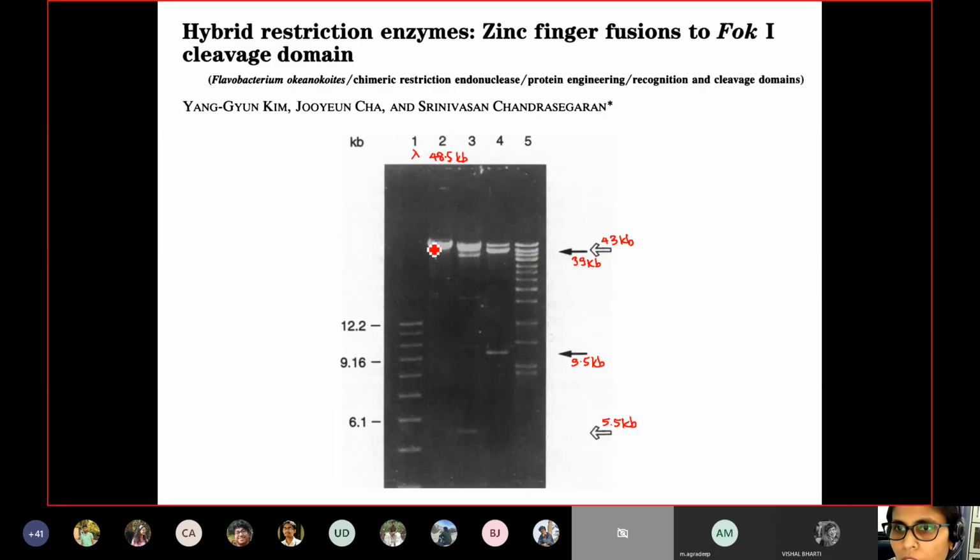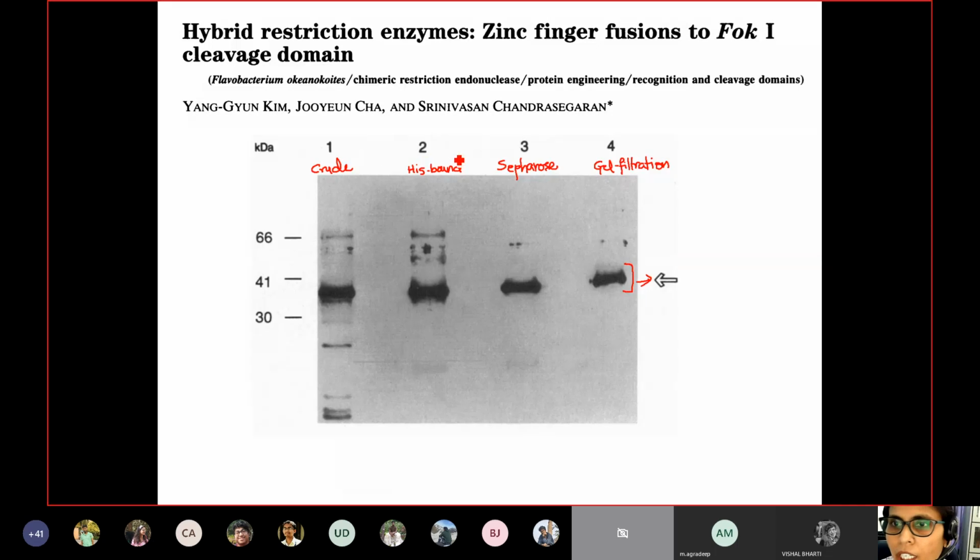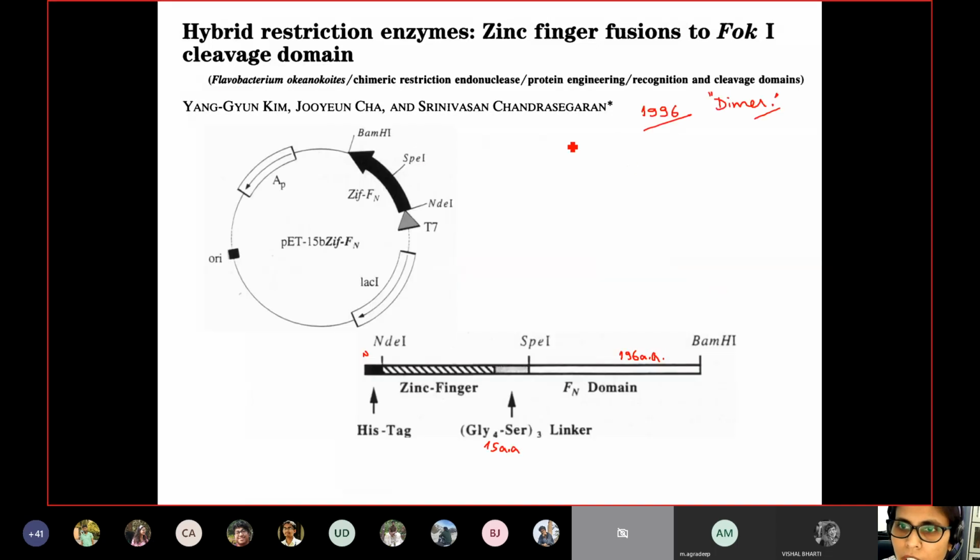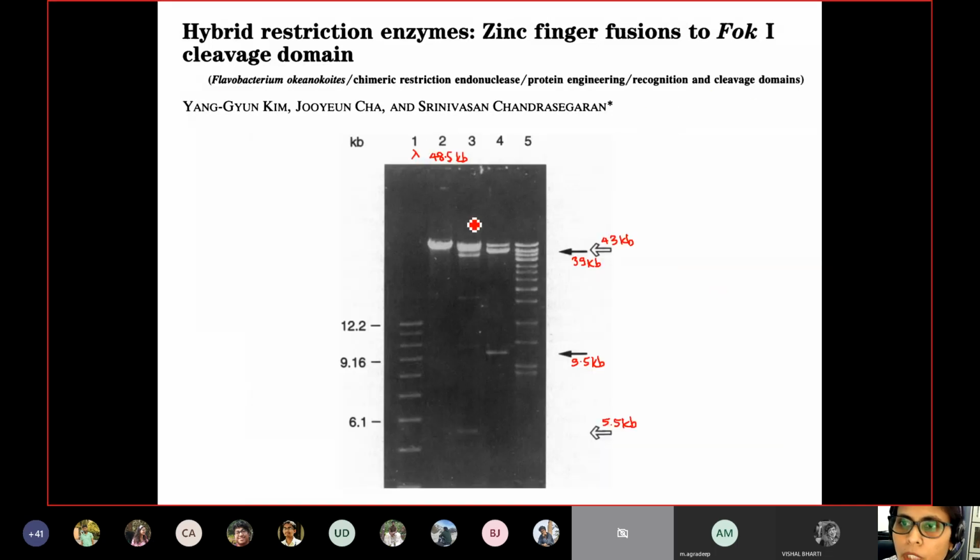This is shown here. I should mention that when they were constructing this cloning, they made two kinds of constructs. One was called QDR and another was called QNR.